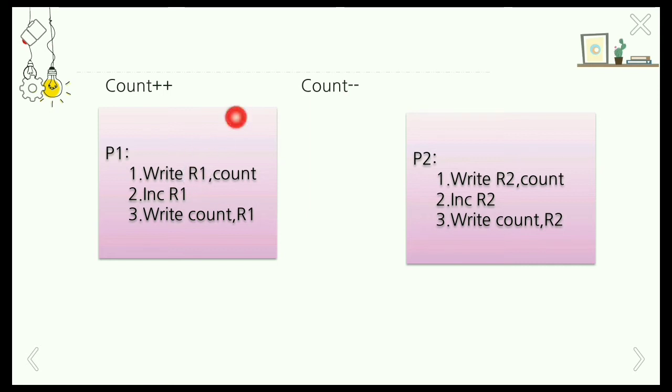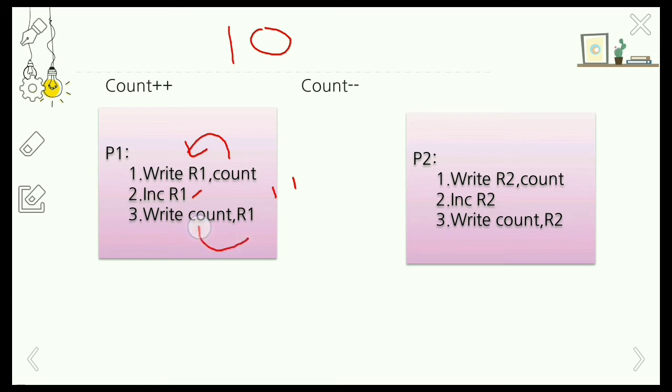So the count value is 10, and it is copied to the register R1. The second step is incrementing the R1 value, from 10 to 11. Then we write the count value: we update the count with the new value of the register R1.